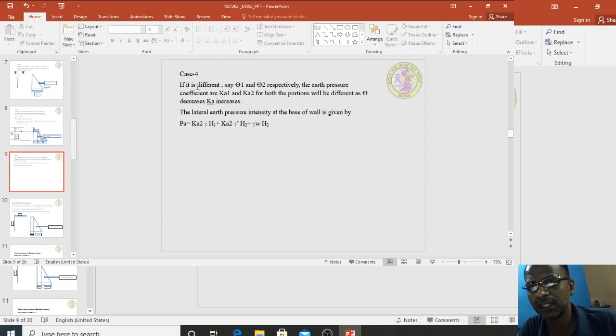As I said earlier, if it is different, say phi1 and phi2 respectively, then the earth pressure coefficients Ka1 and Ka2 for both portions will be different, as phi decreases, Ka increases. So for the lateral earth pressure you have to consider Ka1 gamma H1, Ka2 gamma dash H2, and gamma W H2.